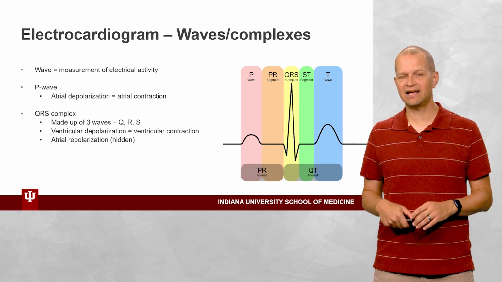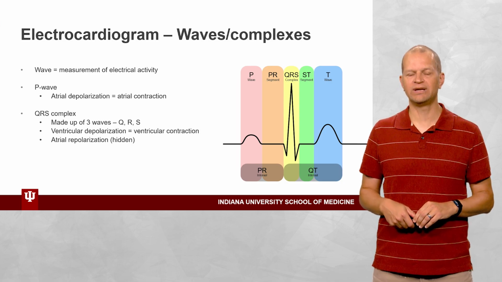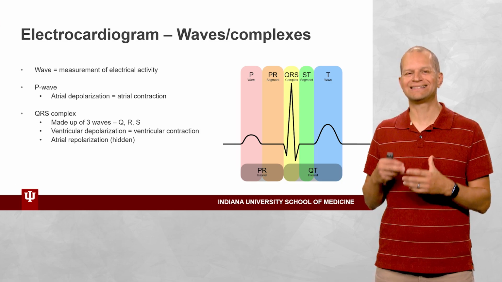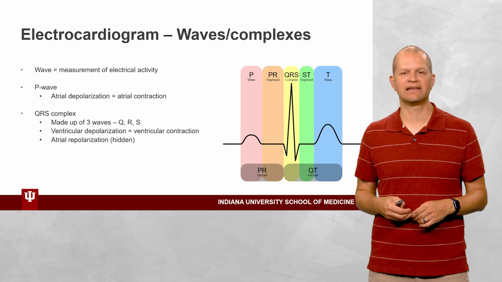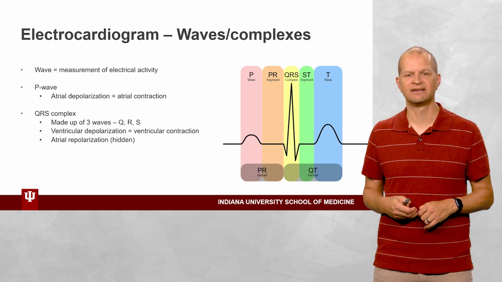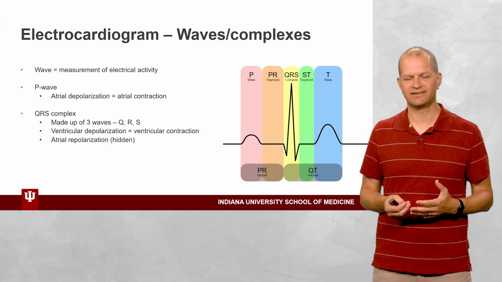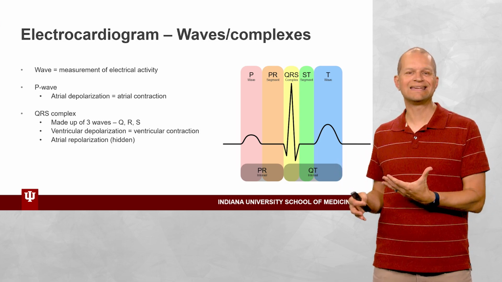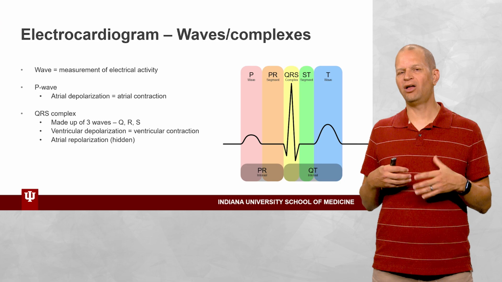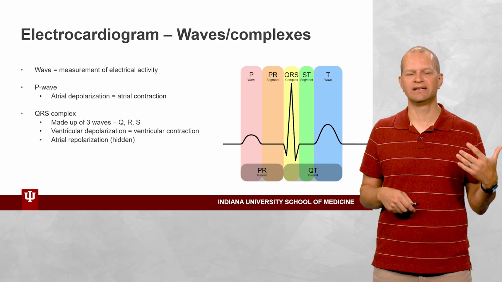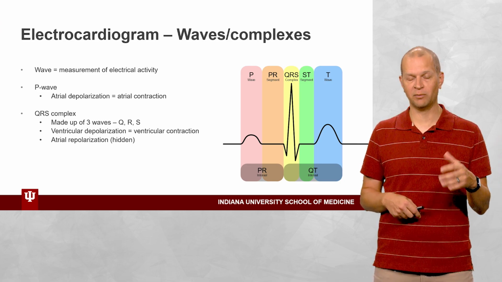Now, at the same time that this is going on, the atria are repolarizing, but we cannot see that electrical activity on an EKG, at least not on a standard one like this. And that's because the electrical activity of the ventricle just dominates here. Just a reminder, an EKG is a measurement of all the electrical activity going on in your heart at any given moment.